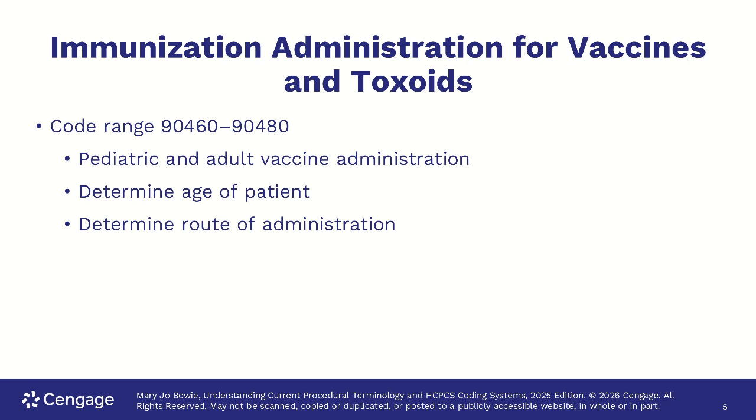I want to be very intentional about that. So we have pediatric and adult vaccine administration. And what you will notice, and hopefully you have your CPT manual open, is that the first 2 codes are for immunization administration through age 18, where face-to-face counseling to the patient or family during the administration is done.